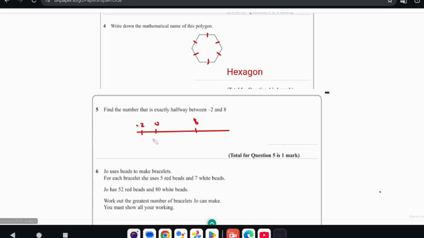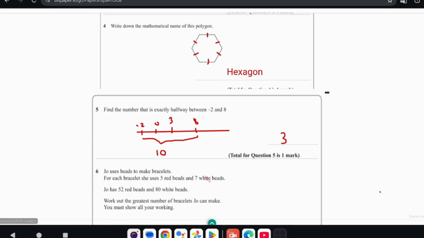So between -2 and 0 is 2 numbers. Between 0 and 8 is 8 numbers. So altogether there you've got 10 numbers. Half of 10 is 5. So 5 along from each will give you the middle number. 8 take away 5 is 3. So 3 is your middle number.